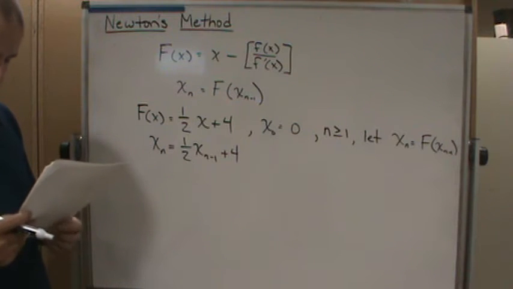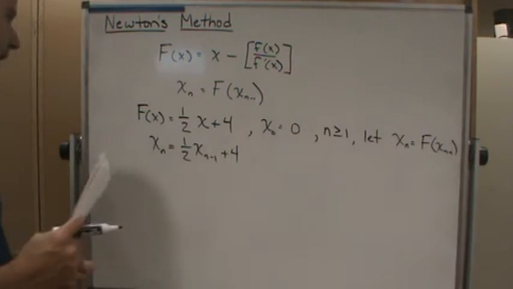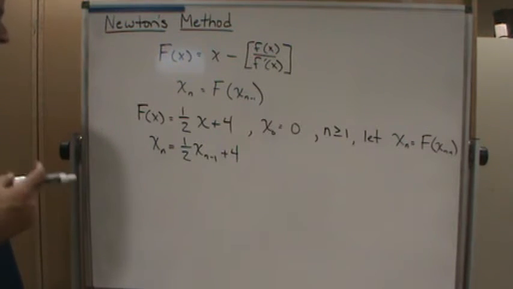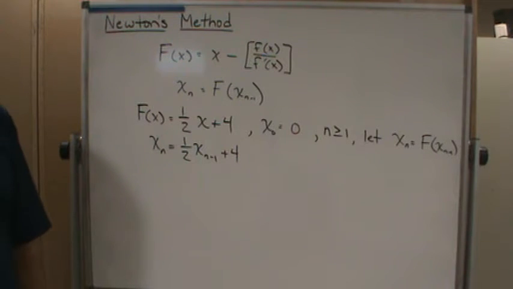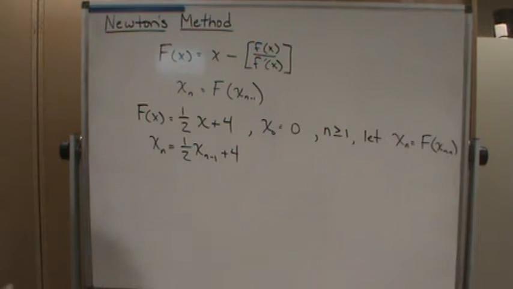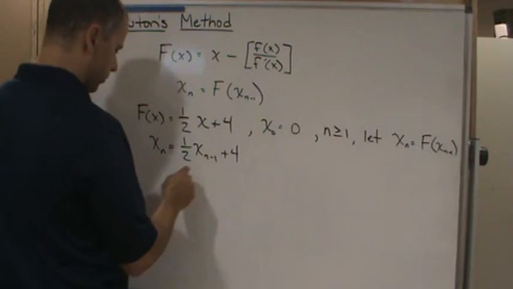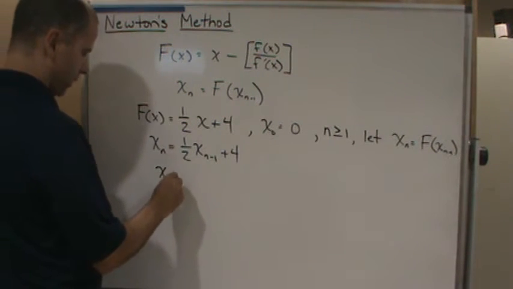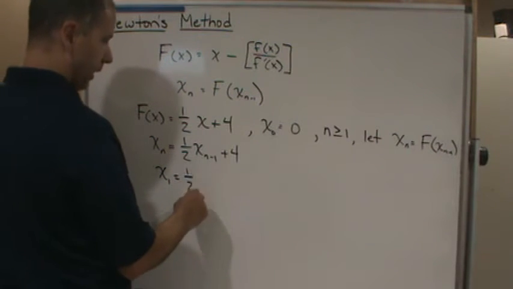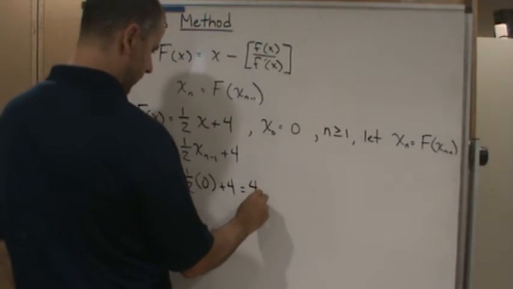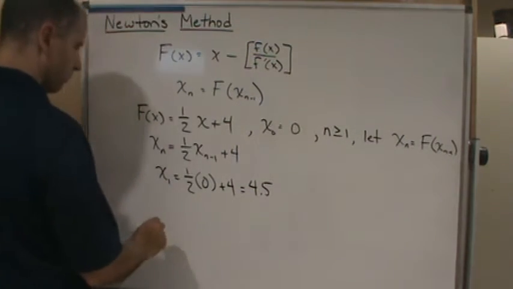Now we want to know, is this approaching a value or not? Let's do the first 5 iterations and see if we can come up with a conjecture based on any pattern we might see. So x1 is going to be 1/2 of 0 plus 4, which is 4.5.